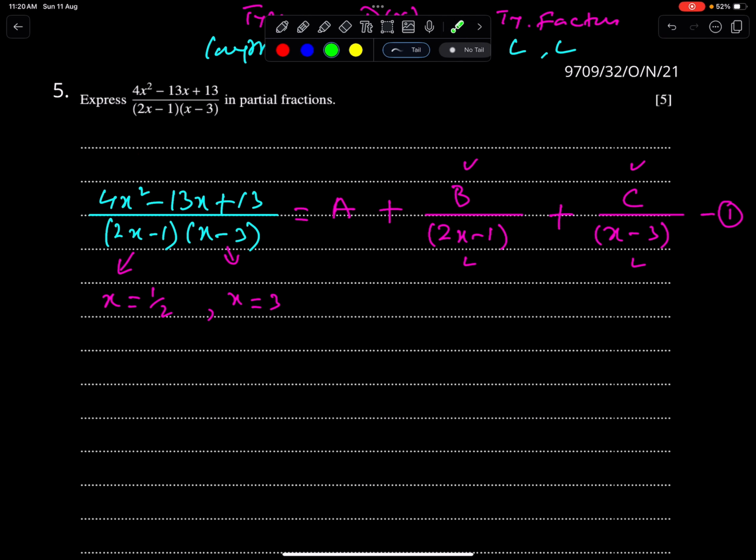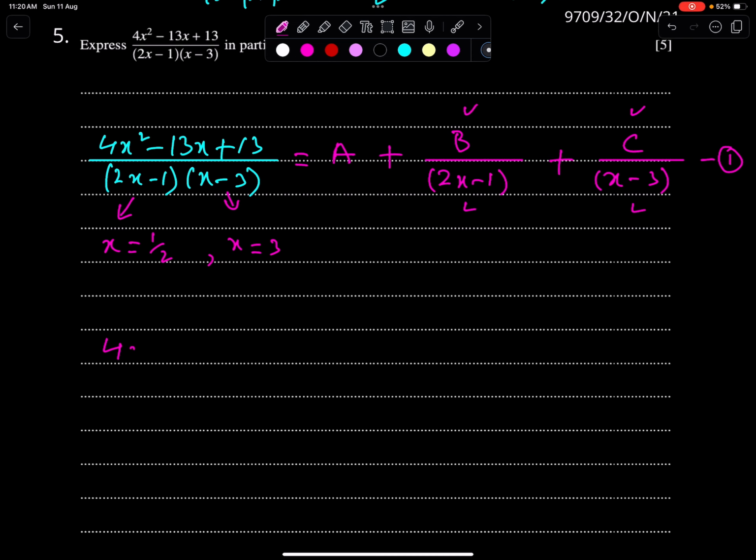Now remove all these fractions by multiplying all fractions on both sides with this denominator, 2x minus 1, x minus 3, everywhere, with this term as well.